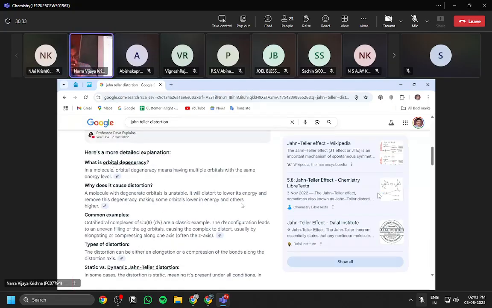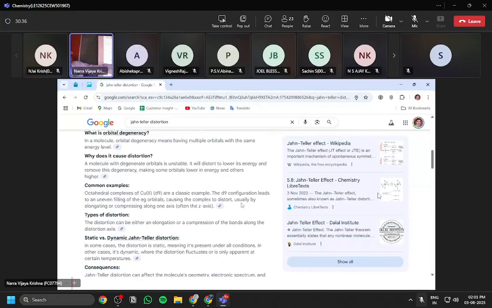See this? Why does it cause a distortion? A molecule with a degenerate orbital is unstable. It will distort to lower its energy and remove its degeneracy, making some orbitals lower in energy than others. Common examples: they have taken d9 configuration, because whether it is weak field or strong field, in both cases d9 configuration shows distortion.